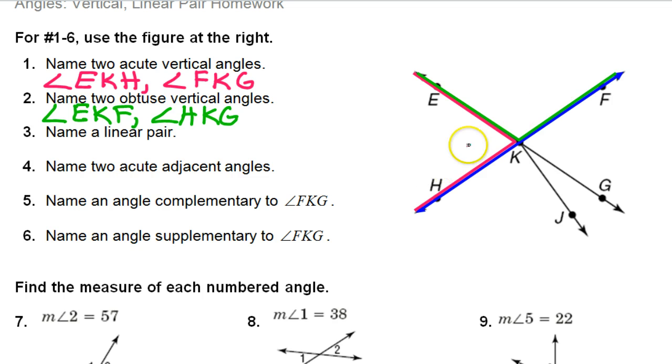For example, these two angles, the pink and the green, form a linear pair because you can see how the side that they don't share forms a straight line. So you find a different linear pair in the picture and pick that. Don't copy.